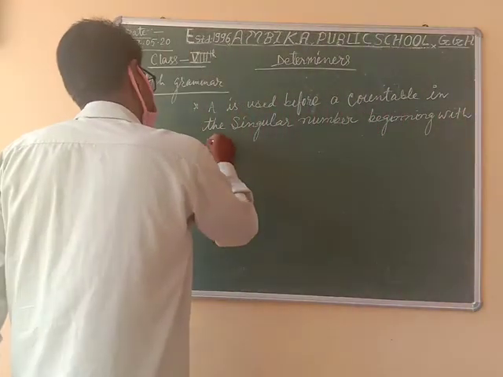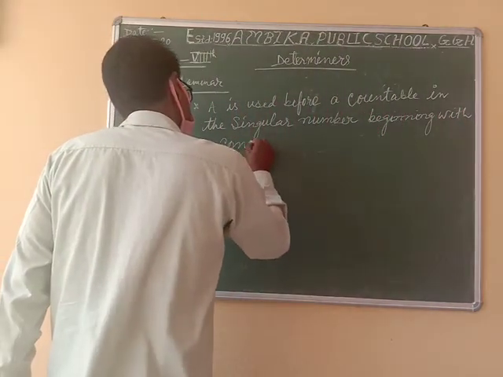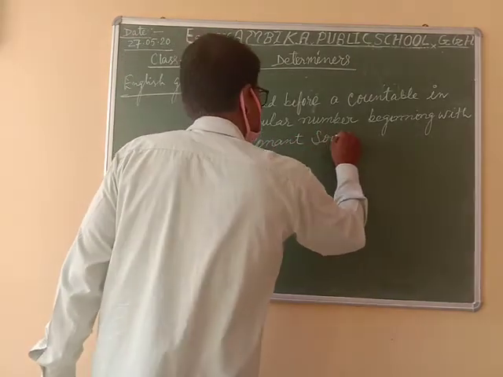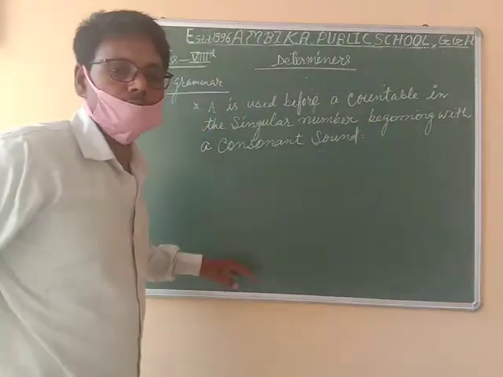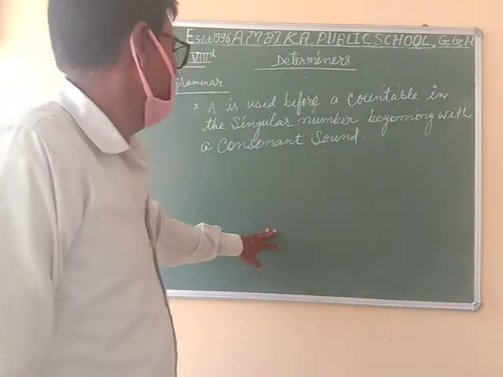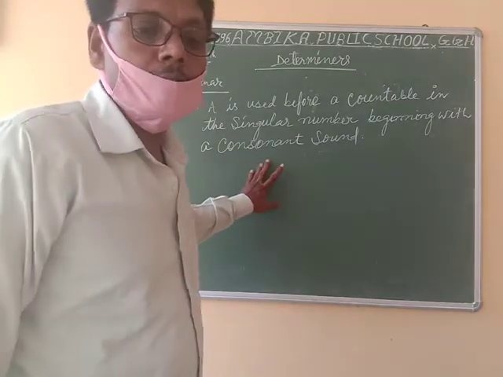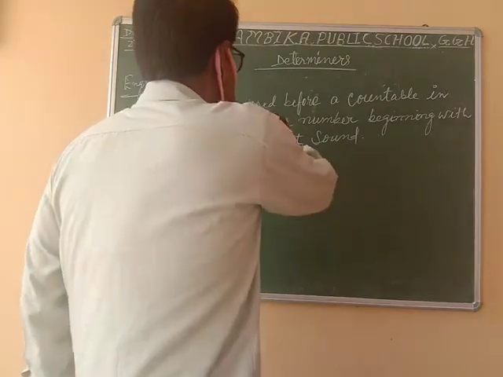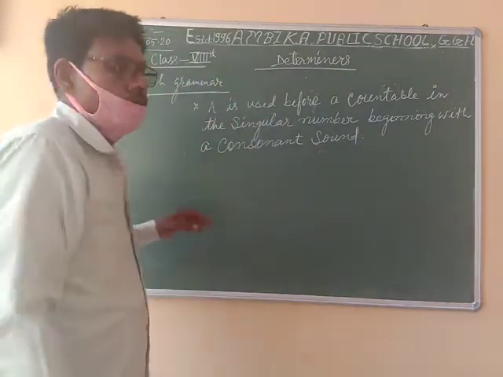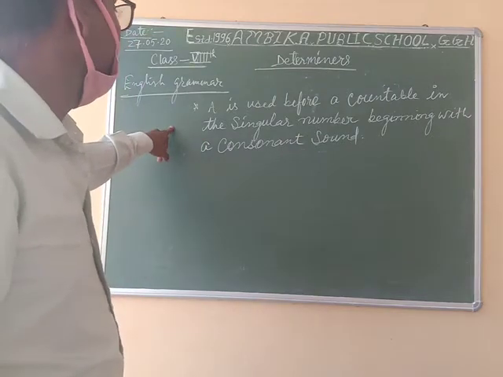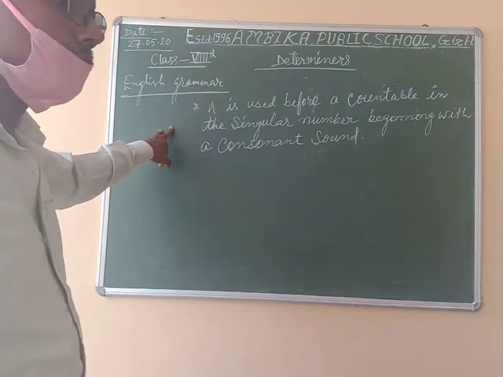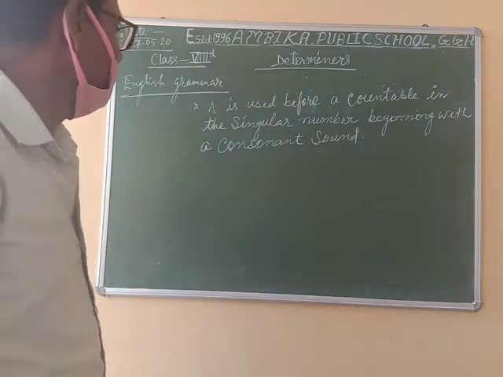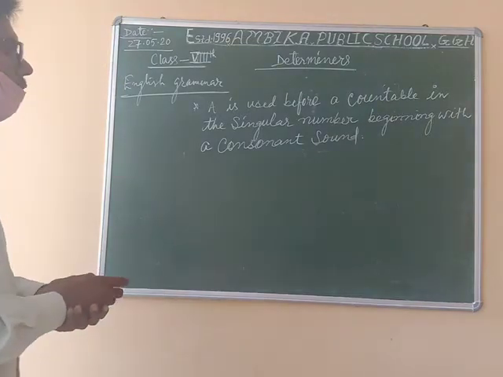This is rule number 2, which is taken from the part of articles. So A is used before a countable in the singular number beginning with a consonant sound.